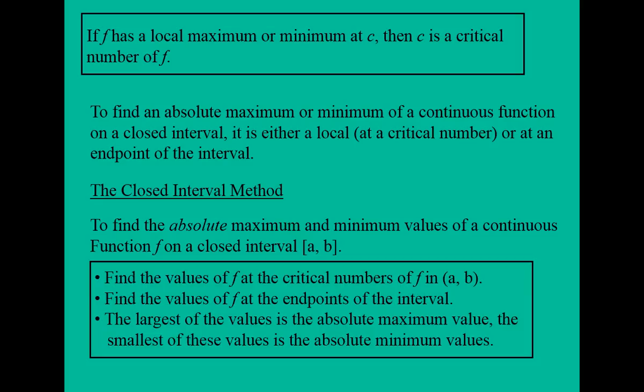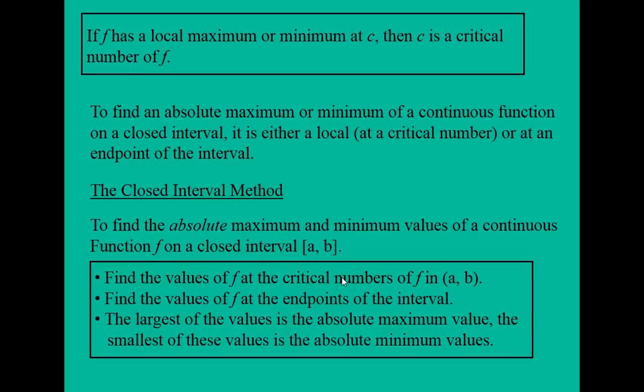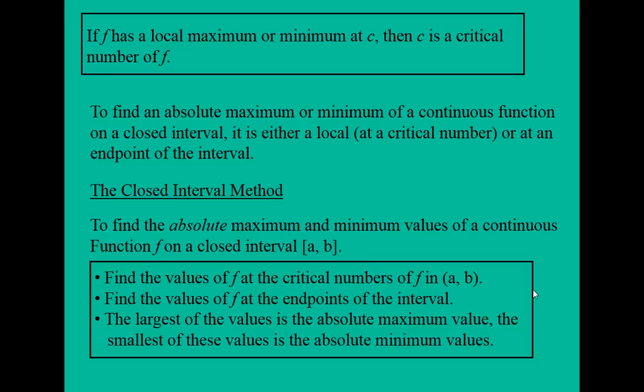So here's the technique. We're going to find the values of f at the critical numbers of f in (a, b). If you recall from the last video, to find our critical numbers, we are going to set the derivative equal to 0 and look for those values of x where the derivative equals 0. Those give us critical numbers.